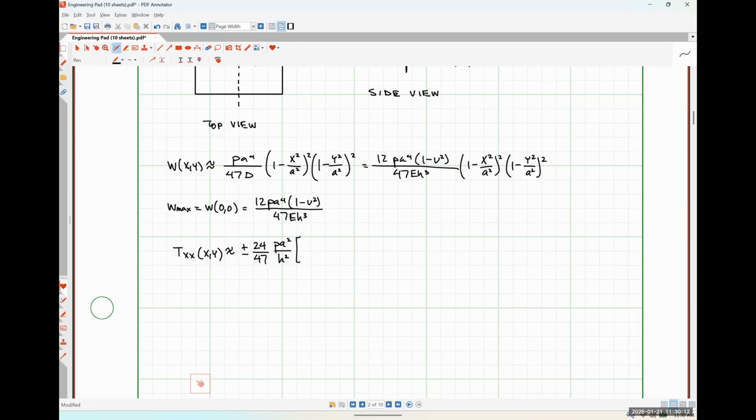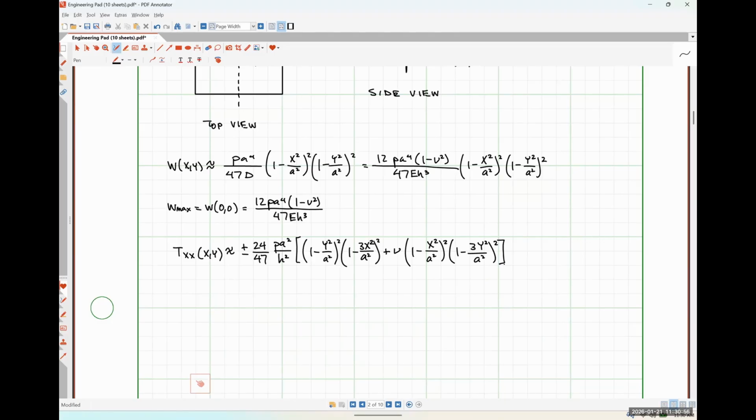And then this thing's going to get kind of large. 1 minus y squared over a squared, squared times 1 minus 3x squared over a squared, squared plus nu times 1 minus x squared over a squared, squared times 1 minus 3y squared over a squared, squared.